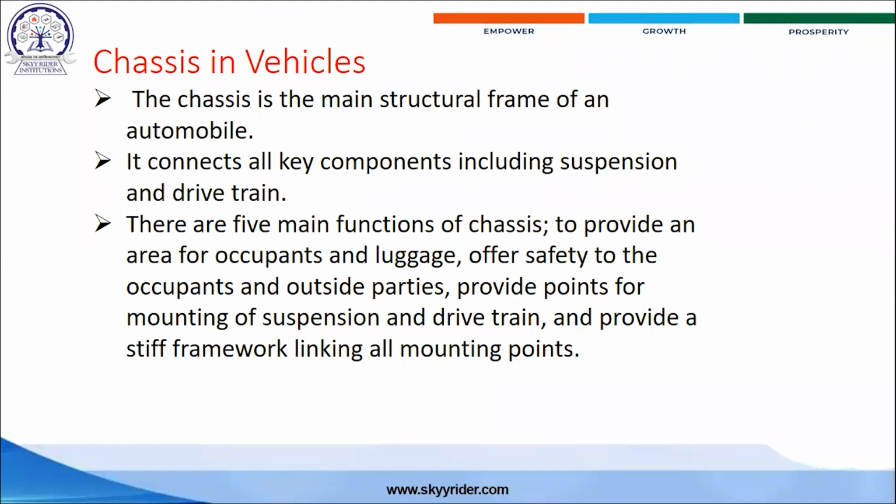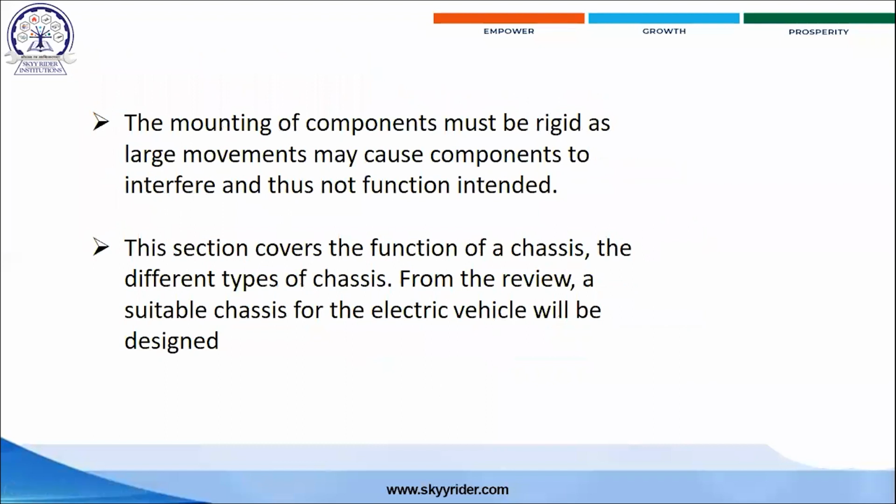So based on our chassis, we can include the drivetrain and suspension, everything, and mount it easily. Then the next point says that the mounting of the component must be rigid, as a large movement may cause components to interfere and thus not function as intended. Your mounting component should be rigid.